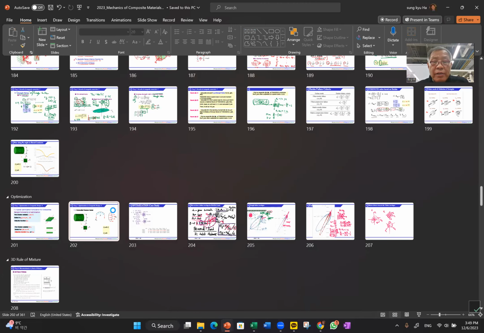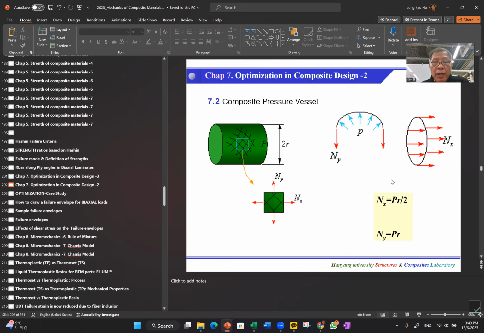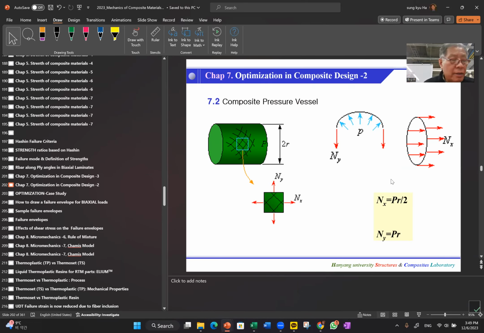What I would like to emphasize is, what if this laminate, this can be any laminate sequence, right? What if this is unsymmetric?